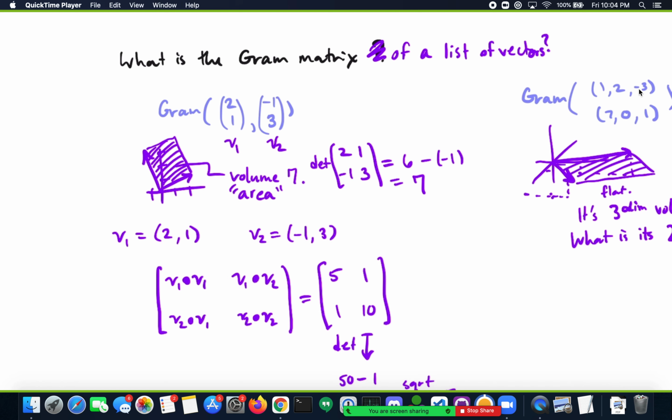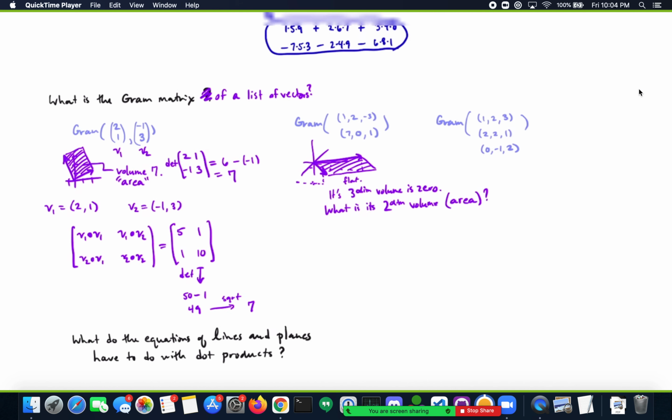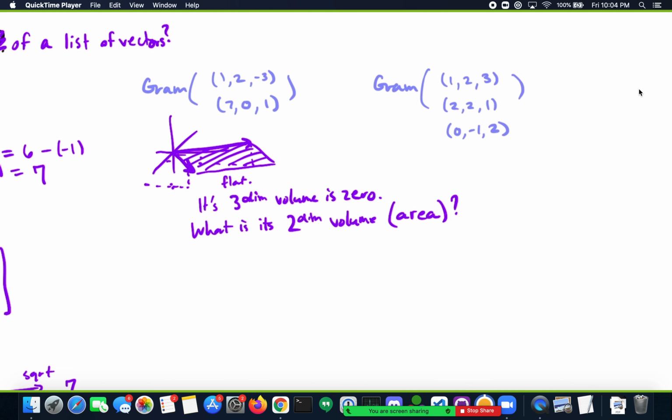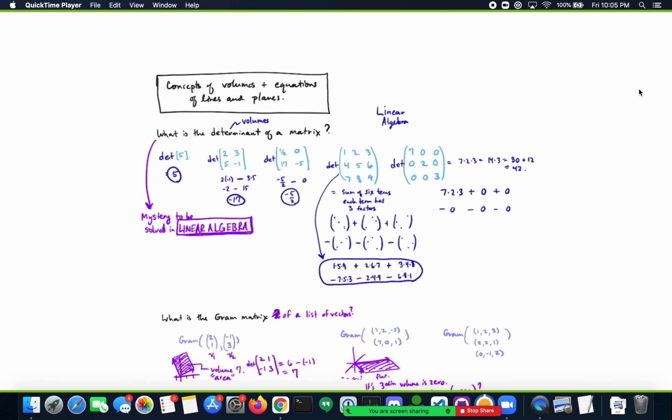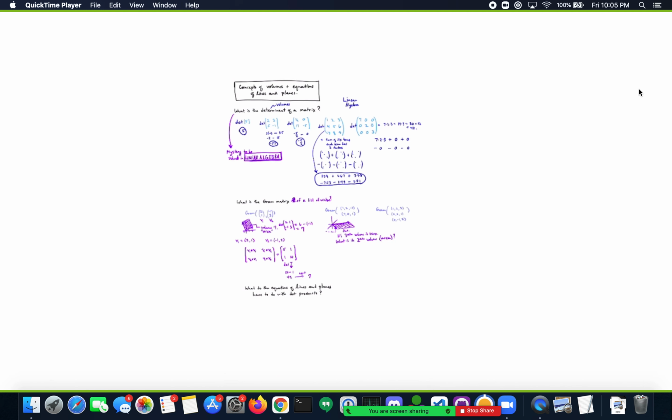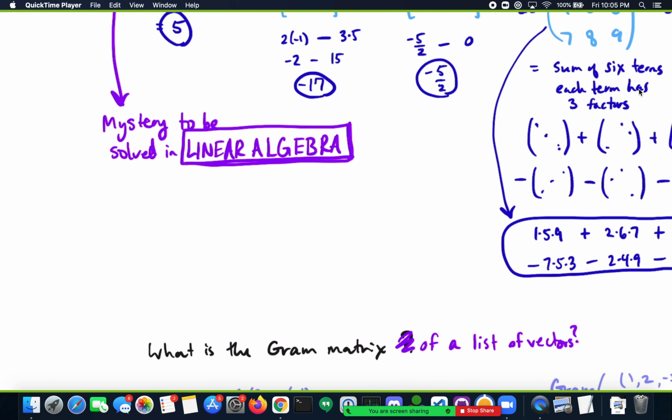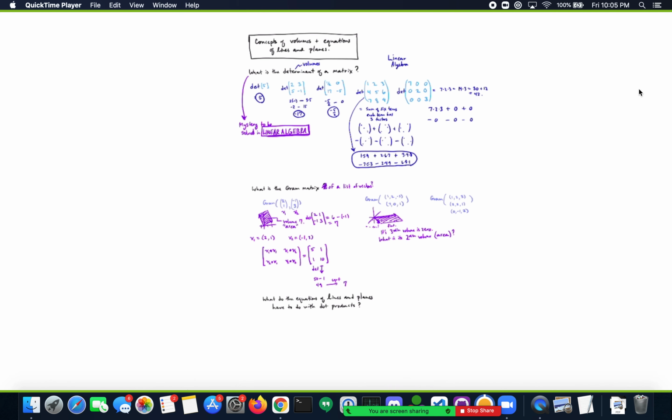In fact, area is just a special word for a 2-dimensional volume. Here we would say that the 3-dimensional volume is 0, but its 2-dimensional volume should still be some number. How do we find that number? We cannot take the determinant of this matrix because it's a 2x3 matrix, and the determinant only works for square matrices. You will learn more about that in linear algebra.